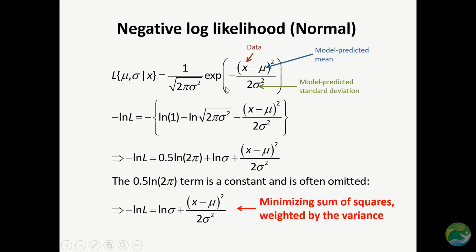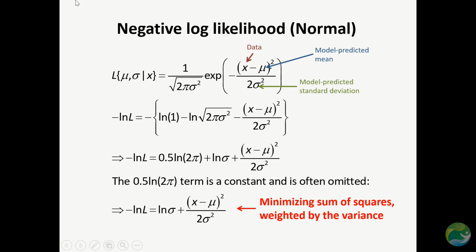Right? This negative log likelihood can be written in this format. Because 0.5 multiplied by log 2 pi is a constant, this term is often omitted. So in the end, the negative log likelihood becomes a simple version of the format like this equation.